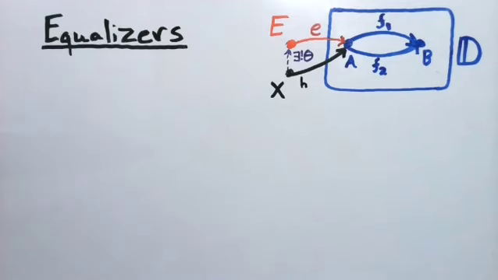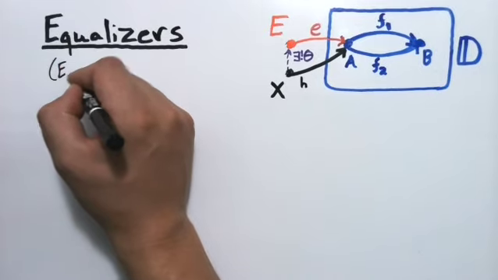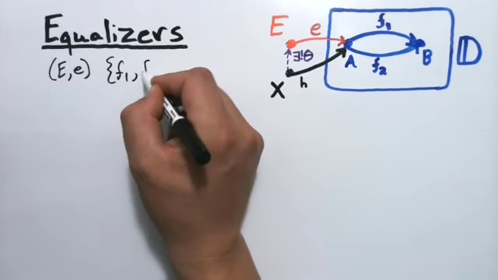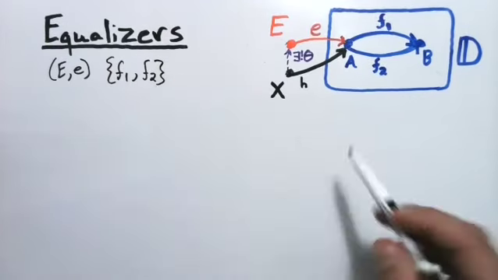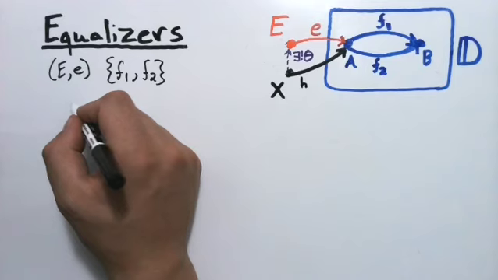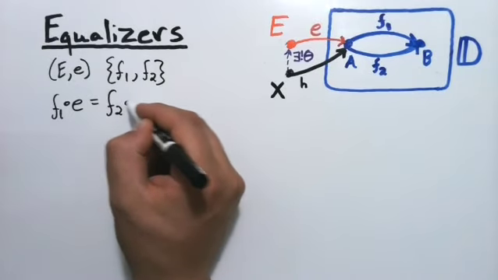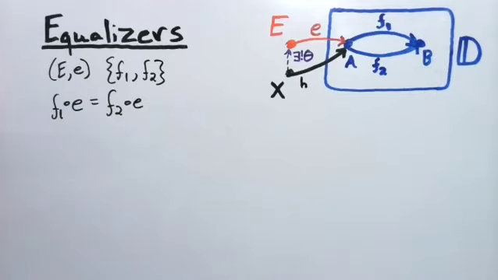So, for example, the category of sets, the category of groups, the category of rings, the category of modules over a given ring, etc. So, if it makes sense for us to talk about elements of our objects, so if all of these objects here are actually some sort of set-like object with elements in them, then if E, uppercase E, lowercase e, is an equalizer for F1 and F2, as we've drawn it here, then it must be the case that F1 after E is equal to F2 after E, right? Following this chain needs to be the same as following this chain.